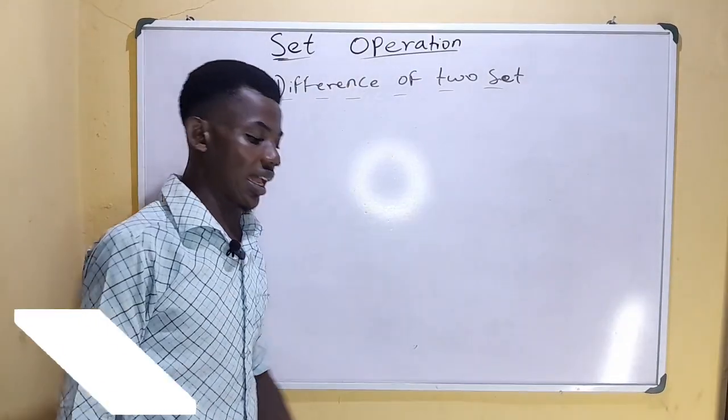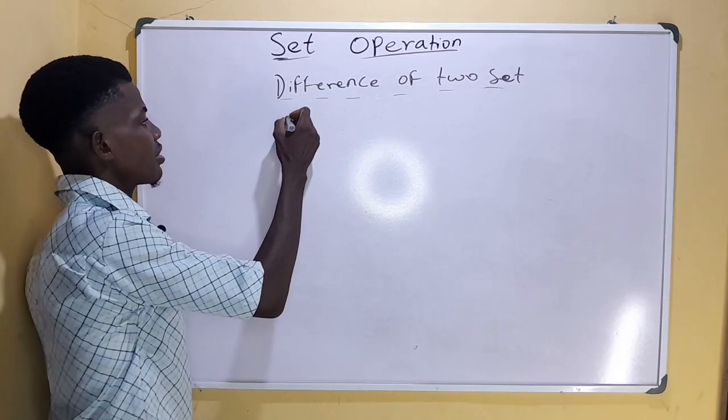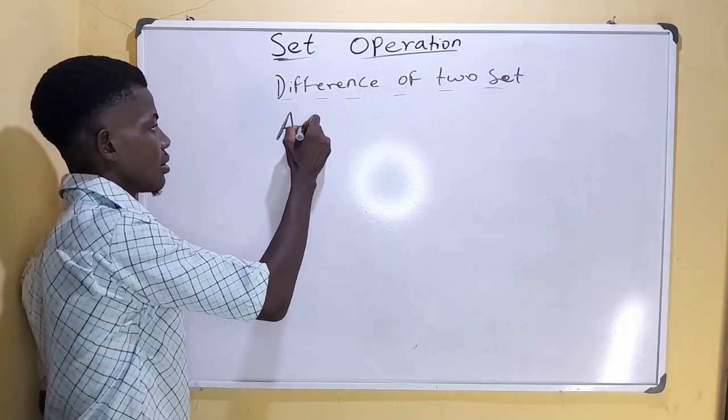Difference of two sets. The difference of two sets is noted as this.